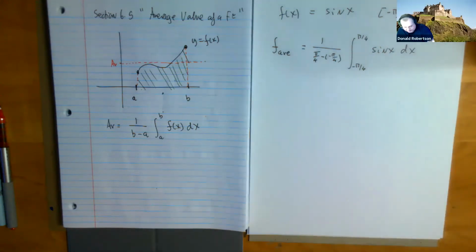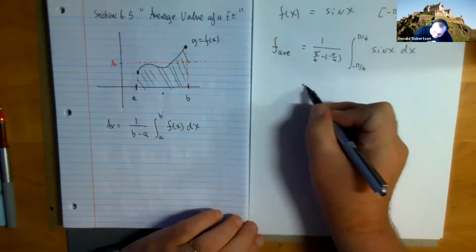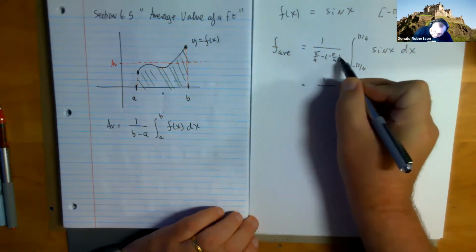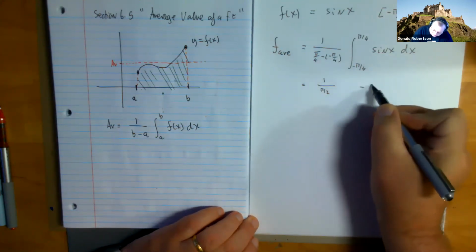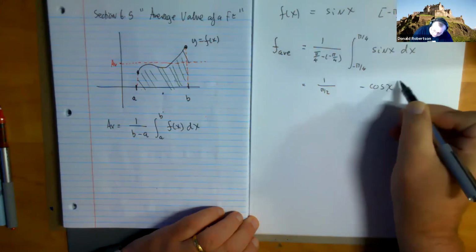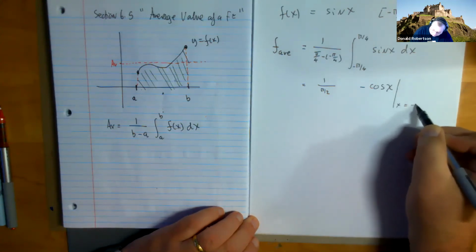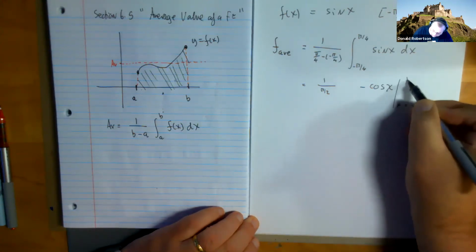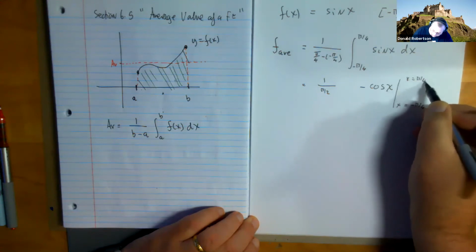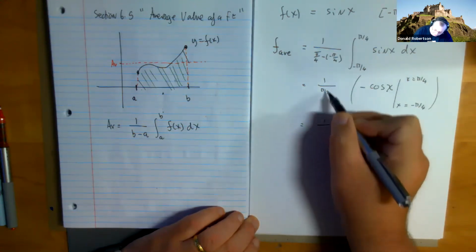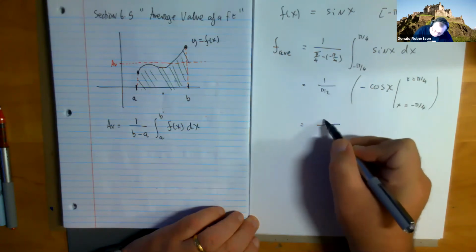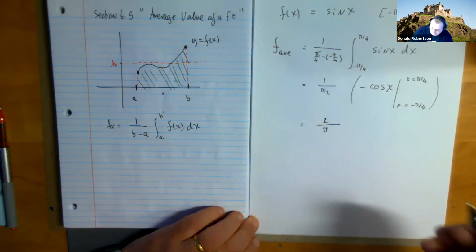And we'll come to why that's the case in a few moments. So that guy plus that guy gets you half pi. This fellow gets you as an antiderivative negative cosine x evaluated at this fella and at this fella. Do you know 1 over pi over 2 is the same thing as 2 over pi?